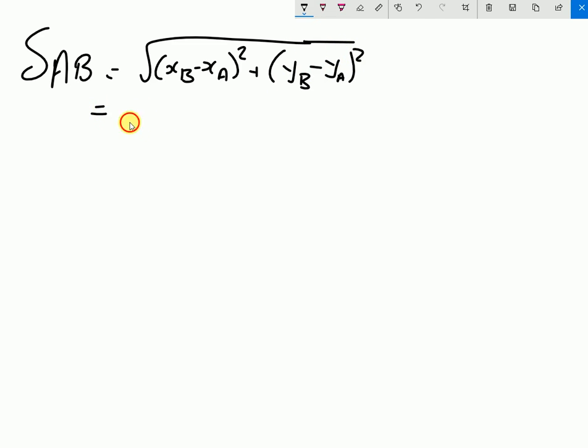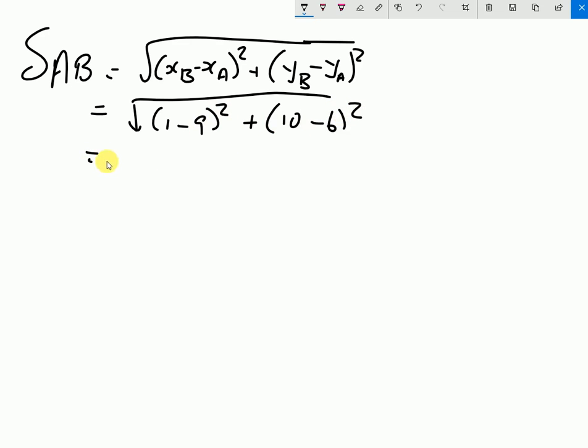The x at A is 1, so 1 minus 9 squared plus 10 minus 6 squared. All in all, this is the square root of 80. Remember that the square root of 80 is the same as the square root of 16 multiplied by 5. And the square root of 16 is 4, so 4 square root of 5. This is in the simplest surd form.